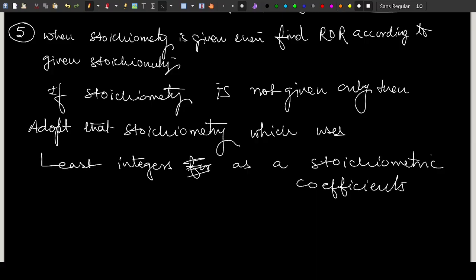So it means if stoichiometry is not given, then stoichiometric coefficients should be least integers.